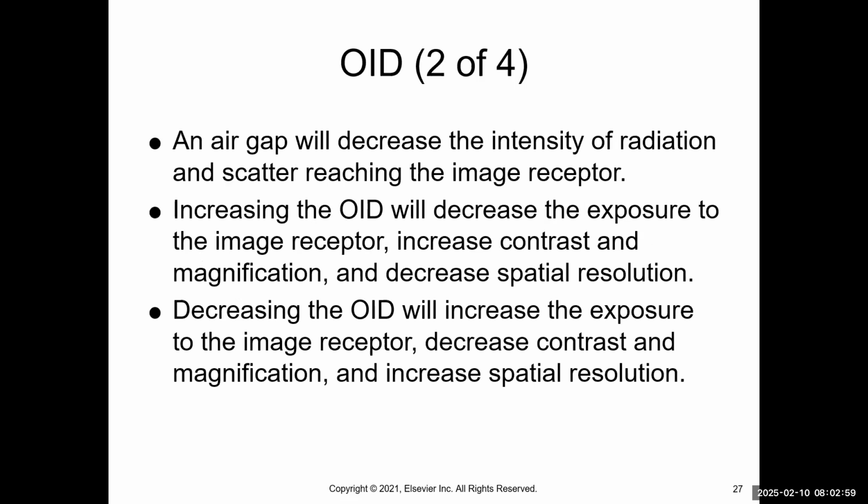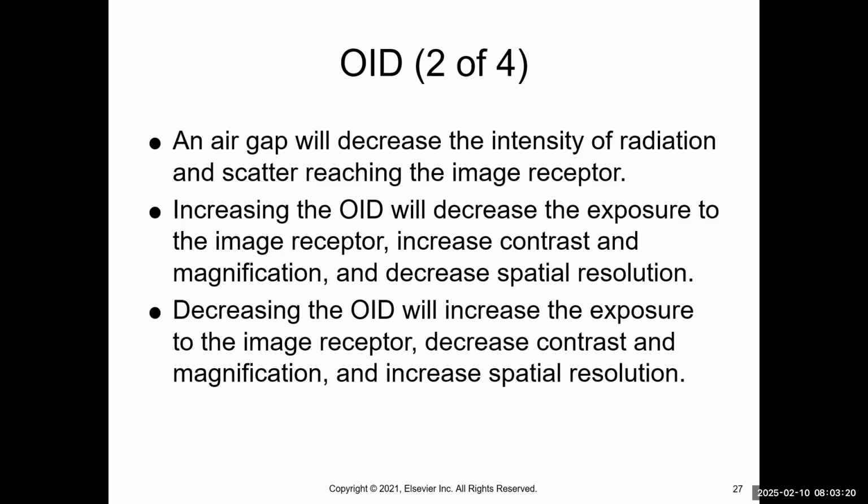So air gap is going to decrease the intensity of radiation and scatter reaching the IR. The thought behind that is that with the greater distance between your part and your IR, there's a better chance that the scatter is just going to miss the IR. It's just not going to make it there.